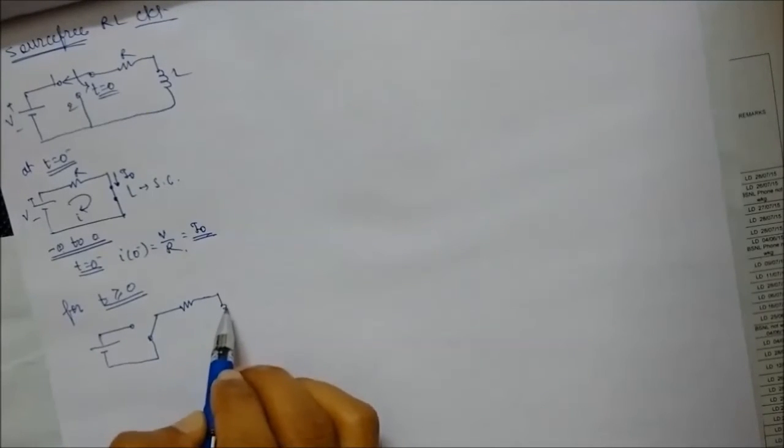Now let's again draw this circuit for t greater than or equal to 0. The inductor with initial current I0 is present in the circuit, and the voltage source V won't come into the picture.